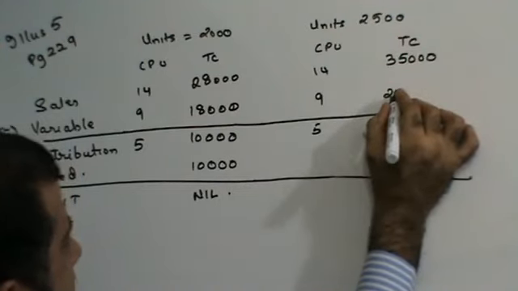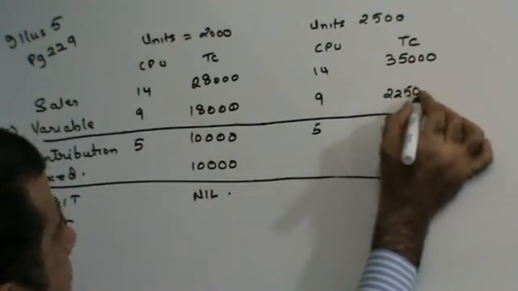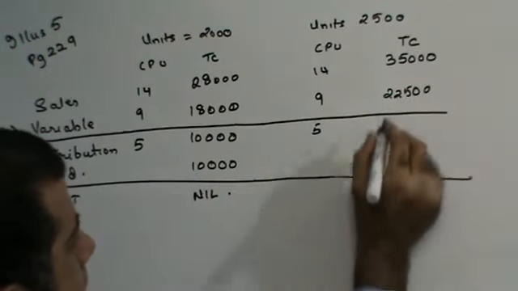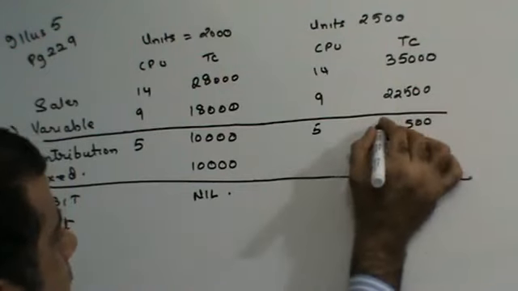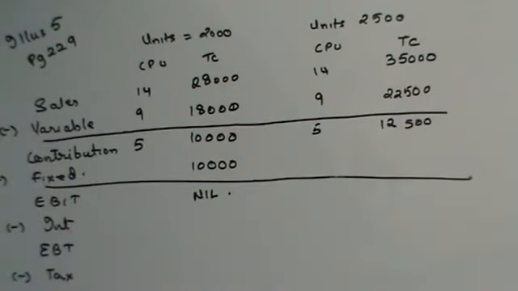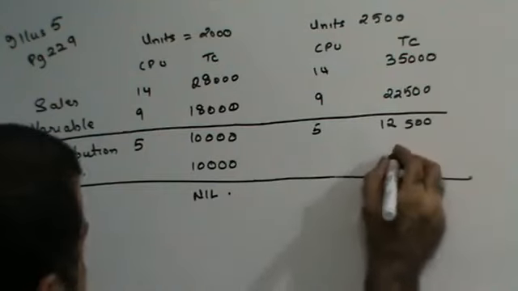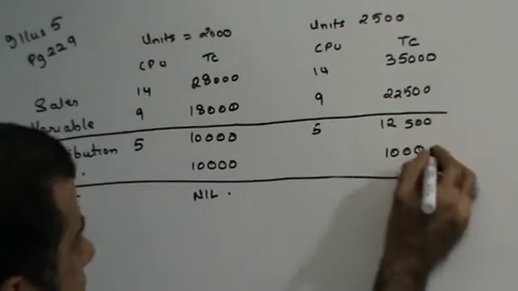Someone please do this. 2500 into 9. 22,500. Right? 2500 into 5 is 12,500. Now remember, irrespective of increase in number of units, your fixed cost remains the same. So fixed cost will still be 10,000.